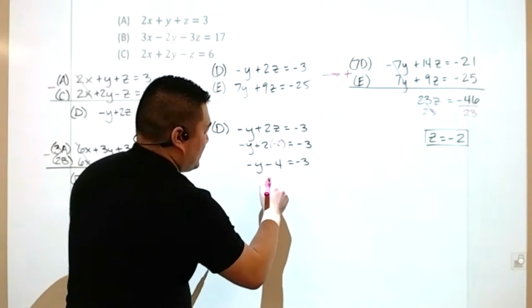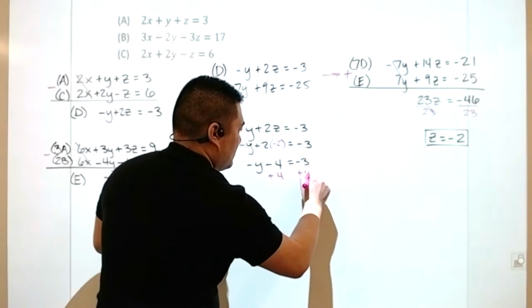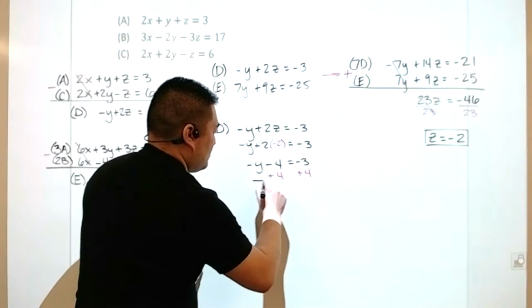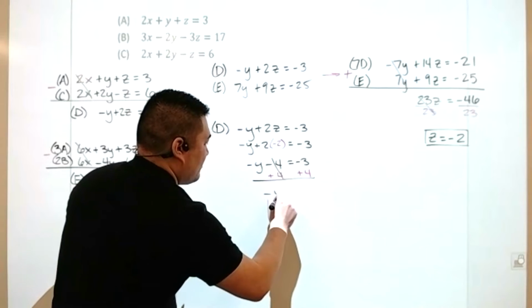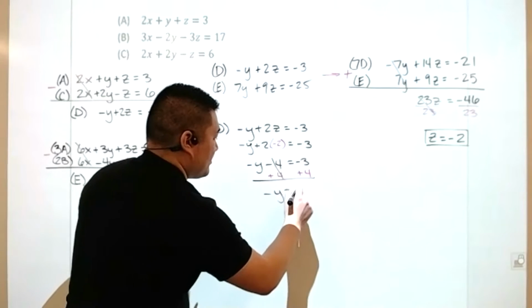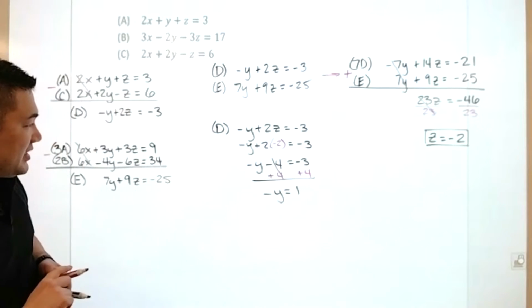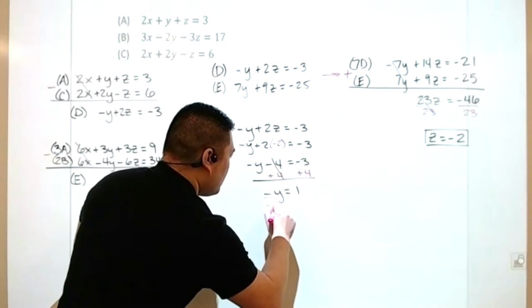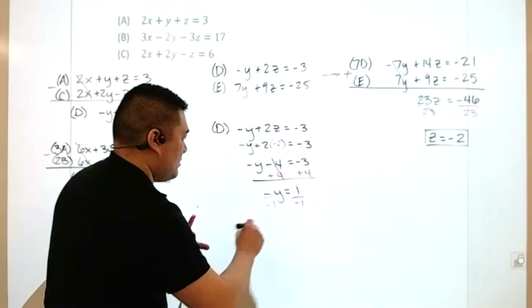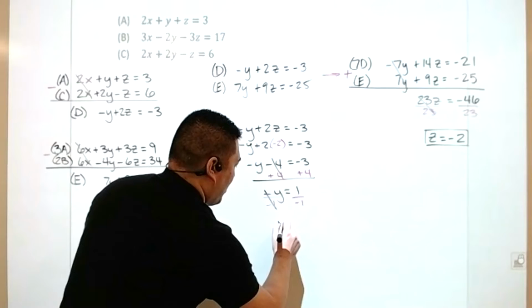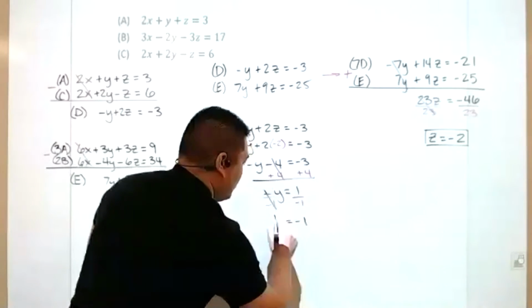Add 4 to both sides. Negative y equals positive 1. And then divide both sides by negative 1. That's going to be y equals negative 1.